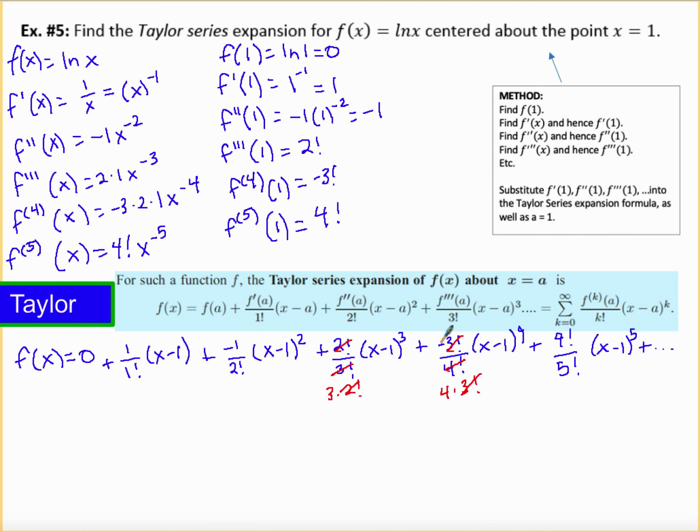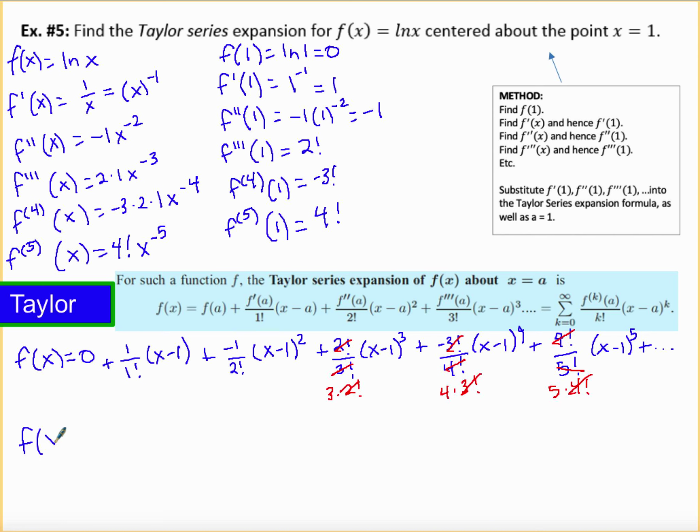Don't forget that minus sign is there. It's going to just change the sign whether we're adding or subtracting here. 4 factorial divided by 5 factorial, how nice. That is 5 times 4 factorial, and 4 factorial divided by 4 factorial is 1. So we've got some simplifying that we can do here.